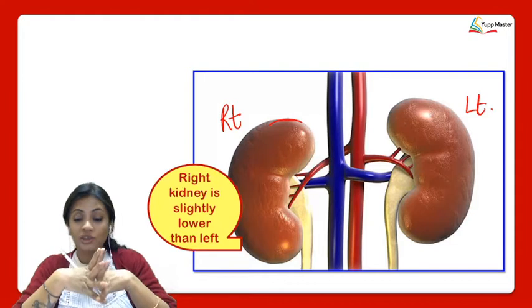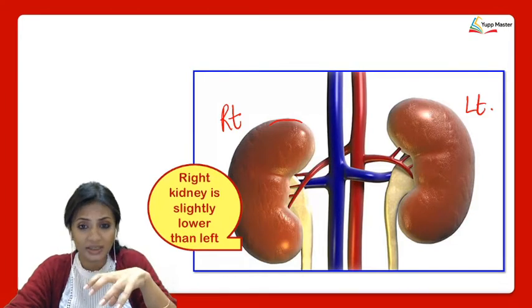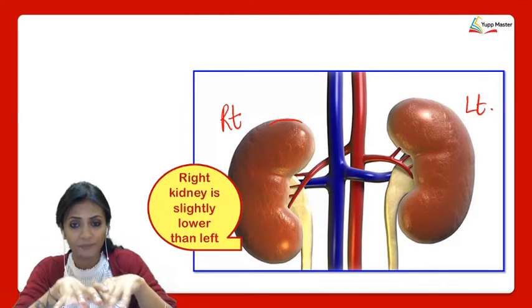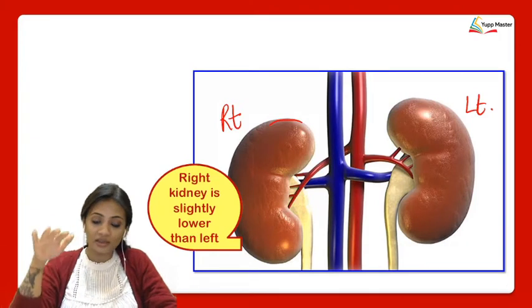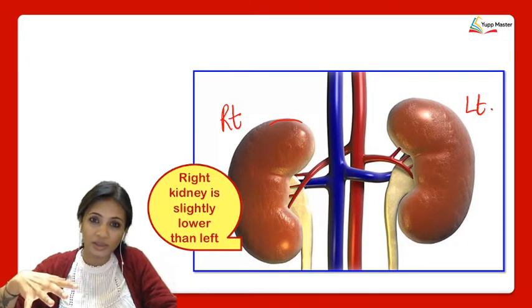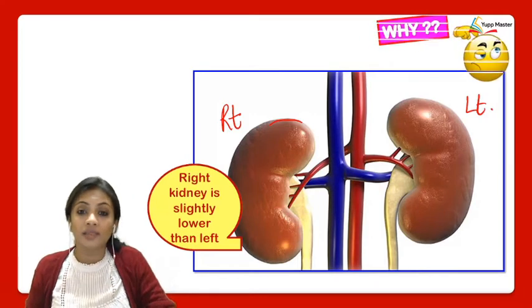Why is that? Just imagine, in your body, what is going to be present above that right kidney which is heavy enough to push that kidney downwards? Yes, it's none other than the liver.